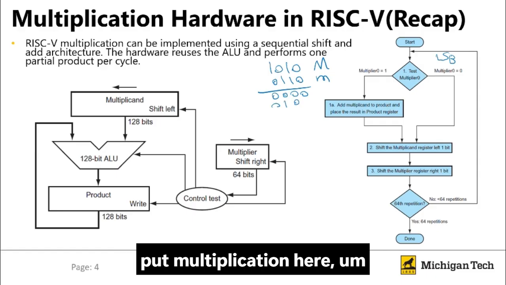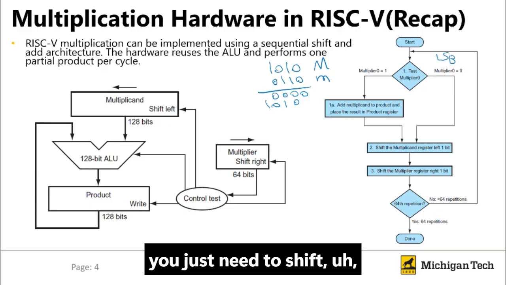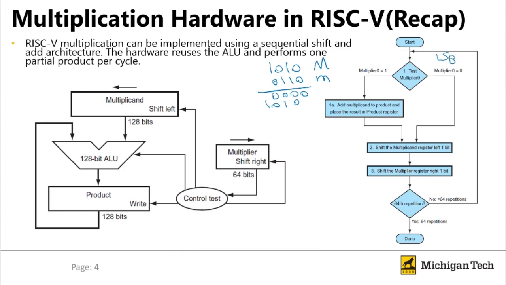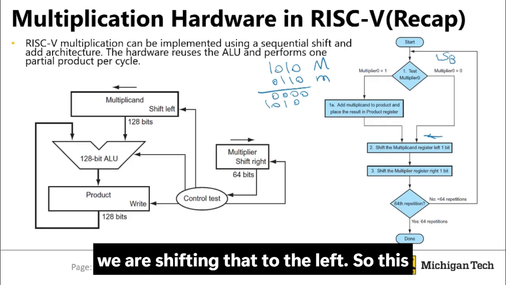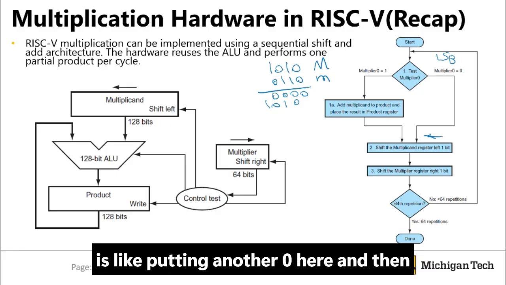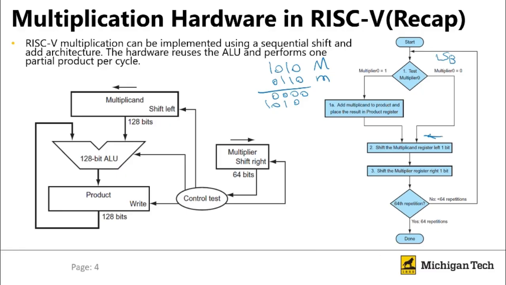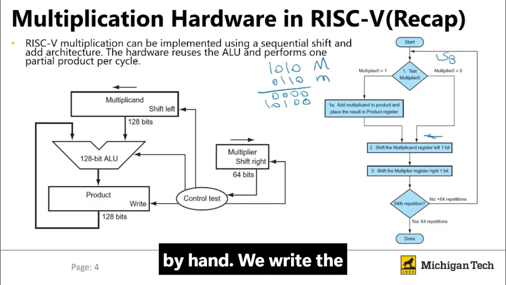We just put the multiplicand here, add them, and then shift. So in this algorithm, you just need to shift the multiplicand to the left. It's like putting another 0 here and then adding them up. This is exactly what happens in multiplication by hand; we write the algorithm to do that.